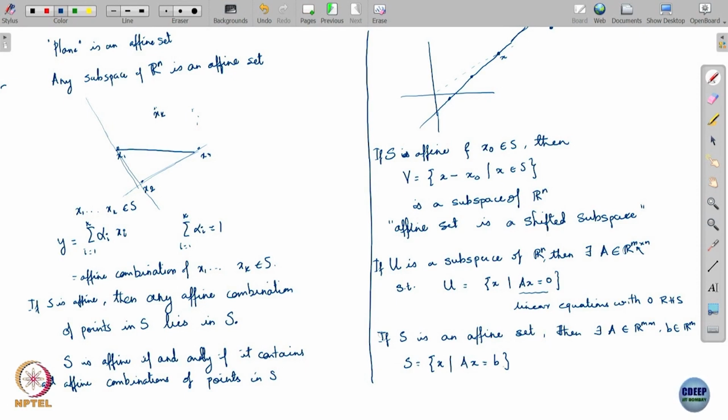Okay. So, an affine set is nothing but the solution set of a linear system of equations, just expressed in a geometric way rather than in an algebraic way, right.